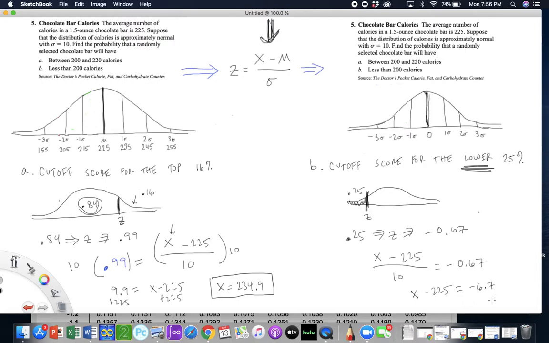And then if I add both sides plus 225, I would get a value of 218.3. So x equals 218.3. So that is the value, or the calories, 218.3 is the cutoff for the lower 25% of our data set.